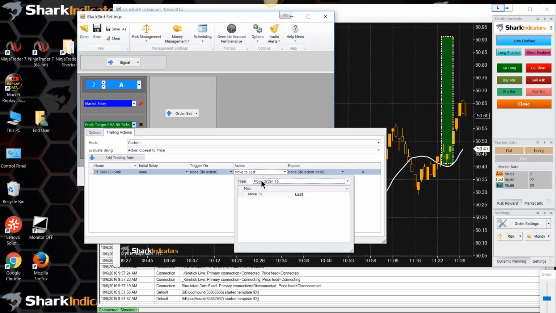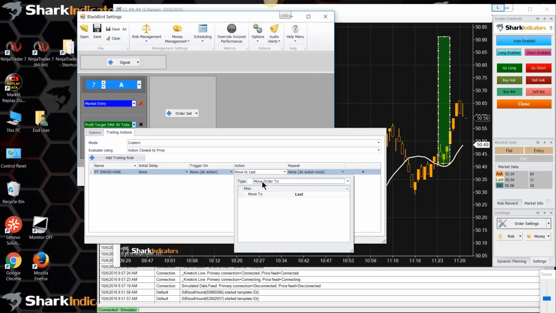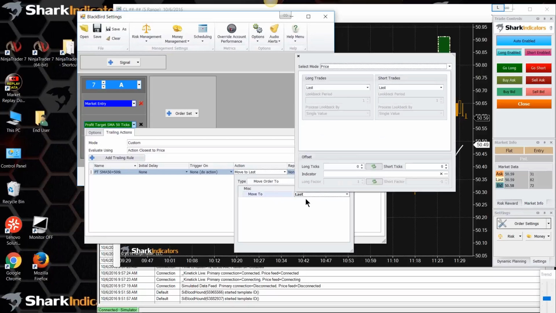The action defaults to move order to. There's a couple of other actions here. You could freeze the order, or you could remove the order as an action. But typically, your action will be to move the order, and we want to move the order.